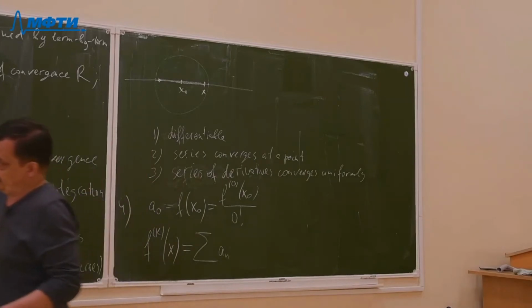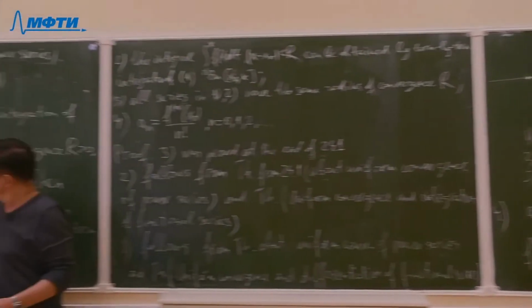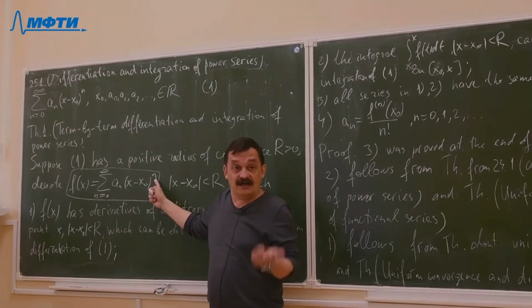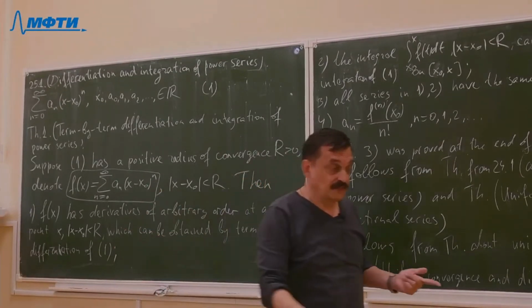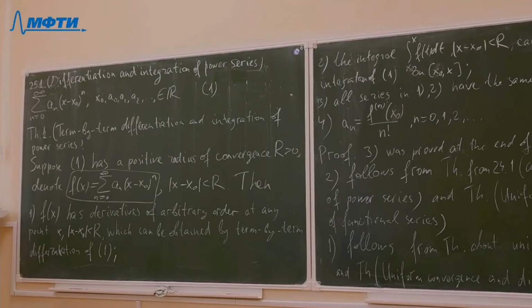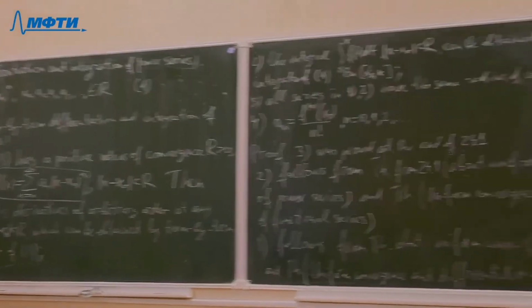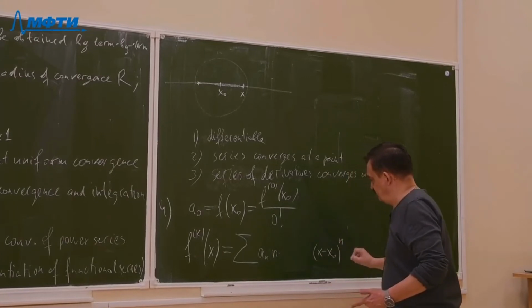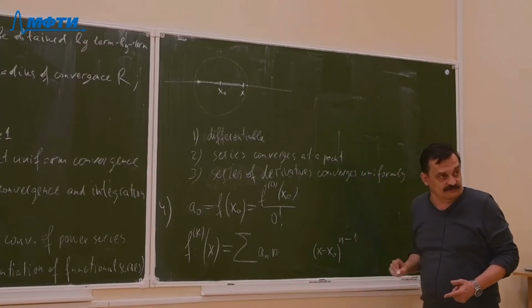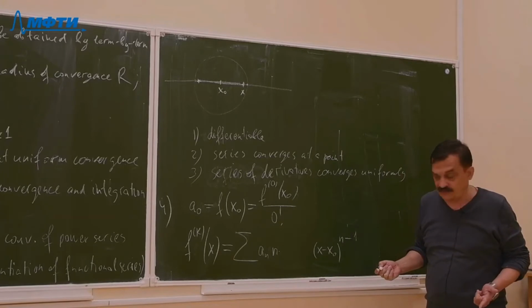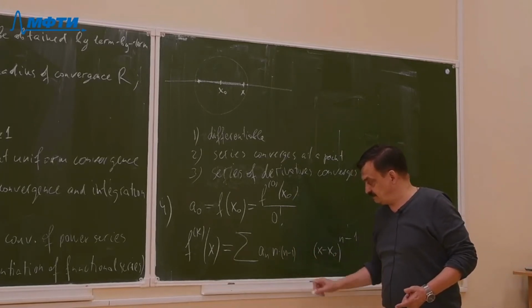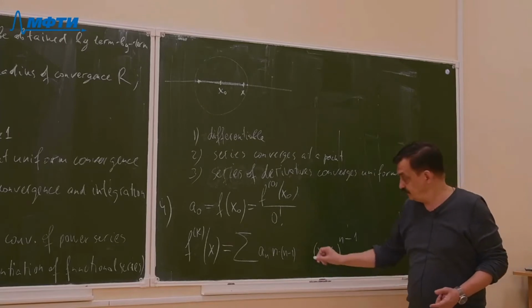So we differentiate x minus x0 to the power n, k times. The first differentiation gives n times x minus x0 to the power n minus 1, right? Second differentiation, n minus 1, right?